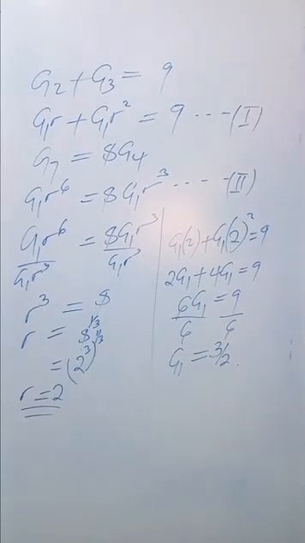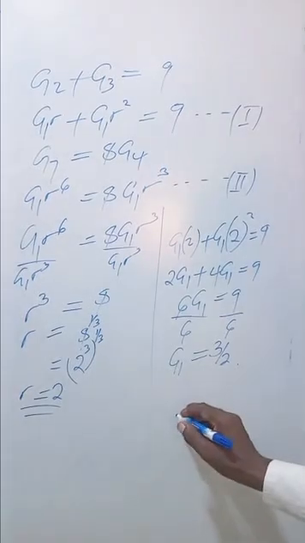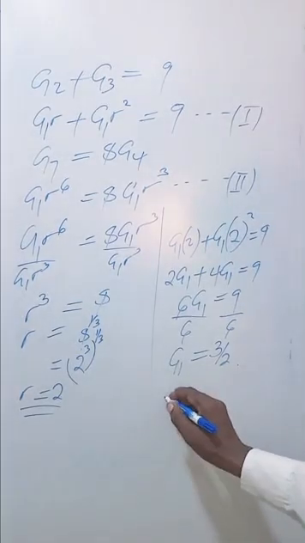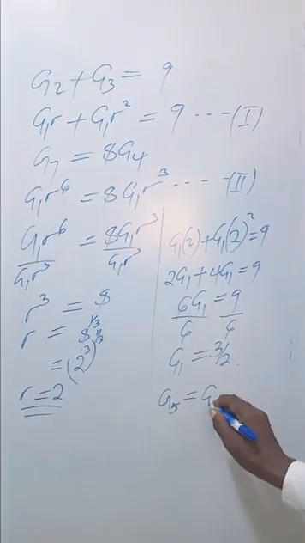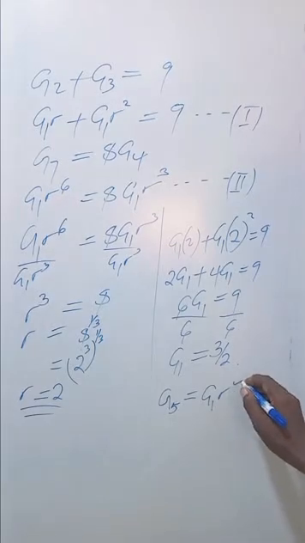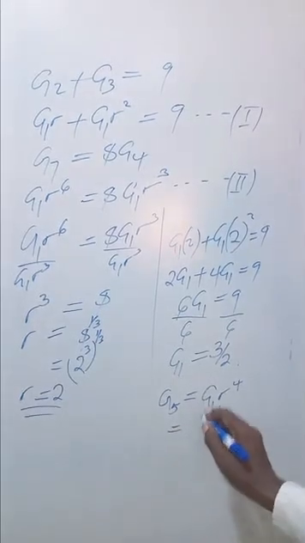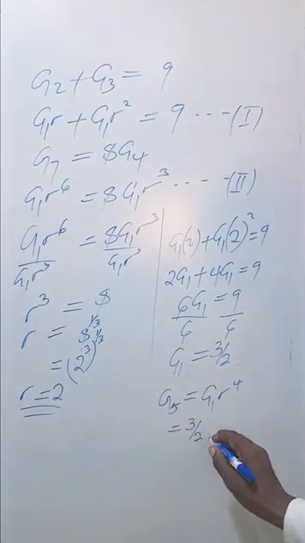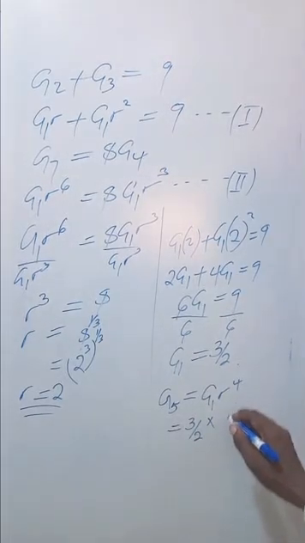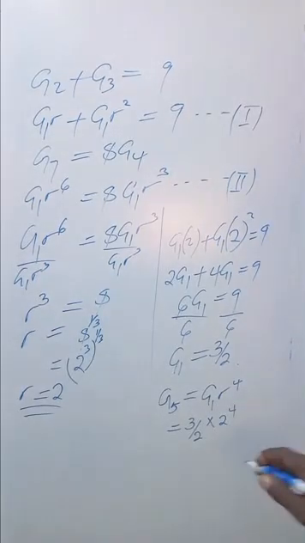We have our R and we have our G1. We are asked to find the fifth term, that is G5. According to the formula, this is G1 R raised to power 4. So this equals our G1, which is 3 over 2, multiplied by R, which is 2, raised to power 4.